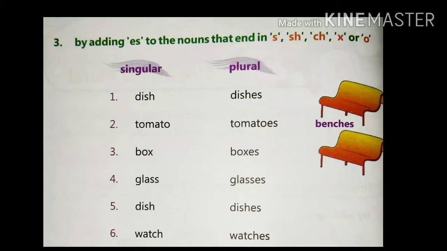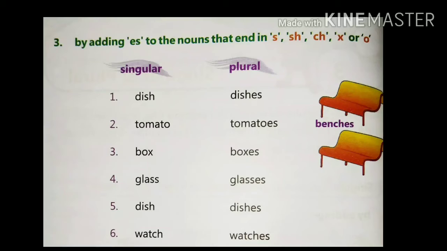Let's take a few examples. Here are a few examples given. First one is dish and the plural is dishes. So children, can you see the word dish ends with sh, isn't it? So to make it plural, we are adding es to the noun.